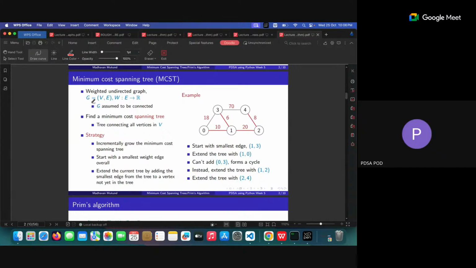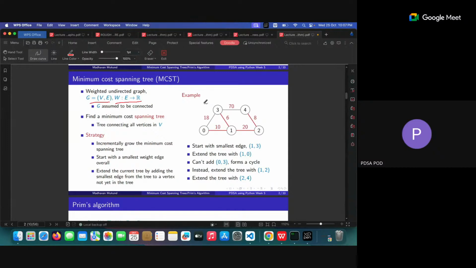Look at a graph having vertices and edges, where W is the weight of the connection between two vertices. G is assumed to be connected. See, all of these are connected. A graph is called a connected graph, and all of the edges have weights. So V is the number of vertices and E is the number of edges, and we are finding the minimum spanning tree.